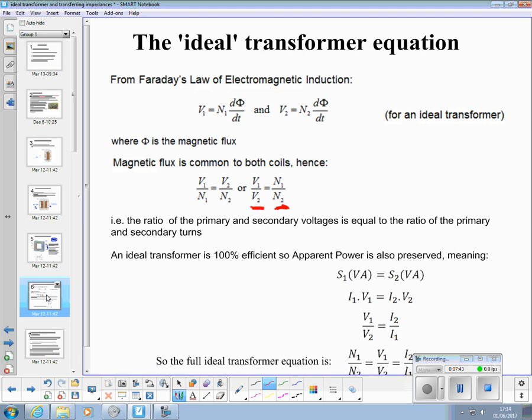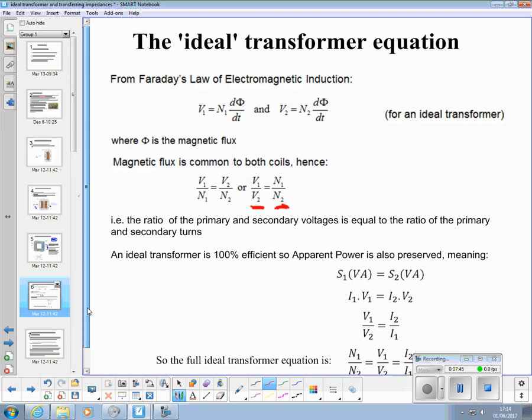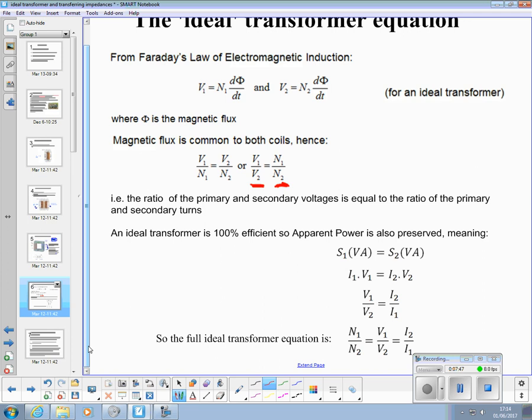Okay. If a transformer is 100% efficient, apparent power is also preserved. That means the apparent power S on the primary side in VA, going back a little to what we did earlier, apparent power as volt-amps, is equal to the apparent power in the secondary. That all must be the case for 100% efficiency.